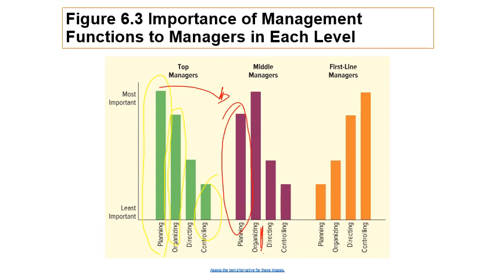And then finally, you have first line managers, which spend most of their time directing and controlling. So they just take the plans and objectives that come from middle managers and they just make them happen. And to do that, you're going to have to direct people, motivate, and make sure that the incentives are aligned.